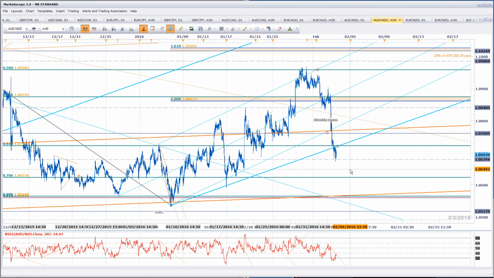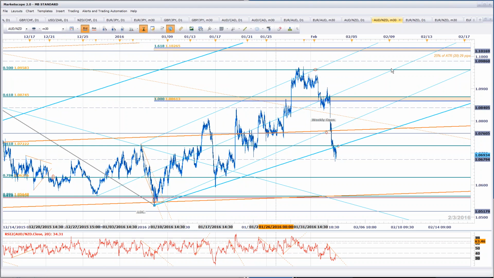Now, it just so happens that I'm as bullish on Kiwi more so than Aussie per se, even though Kiwi's had a really nice run. I do think you get a decent bounce here.